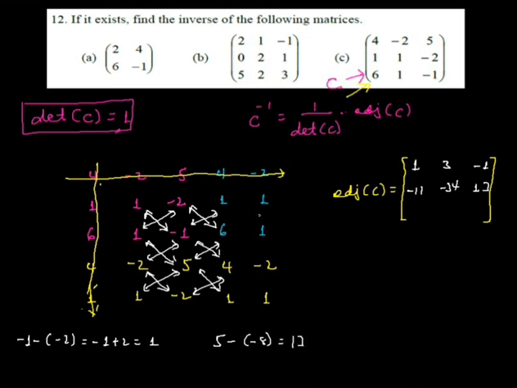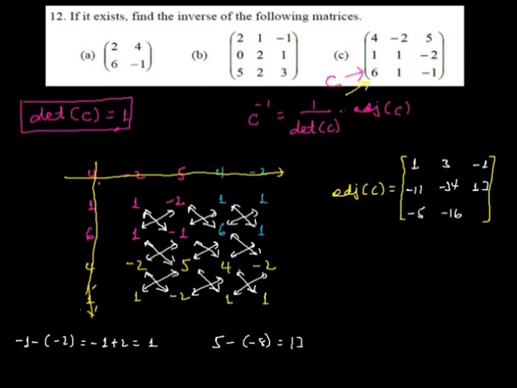Then the second row is completed. The third row: 1 minus 6 is minus 5. Then minus 12 minus 4 is minus 16. 4 minus of minus 2 is 6.